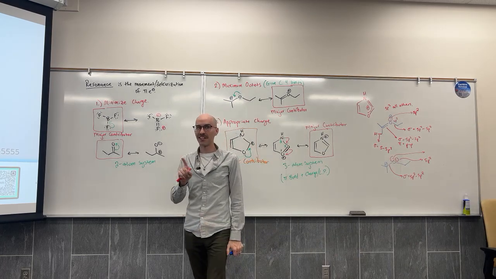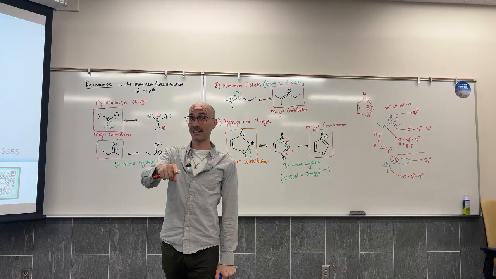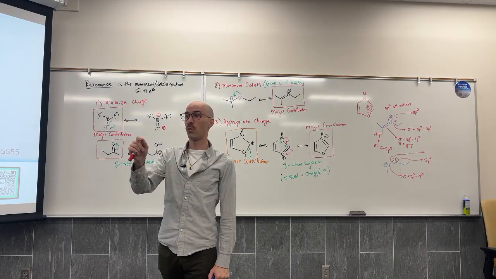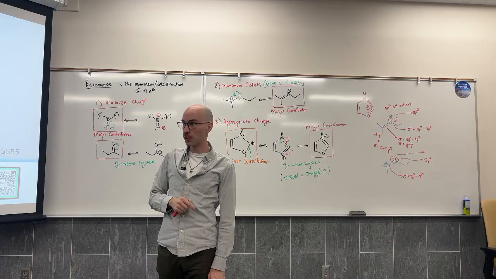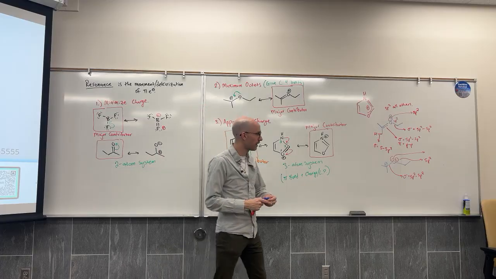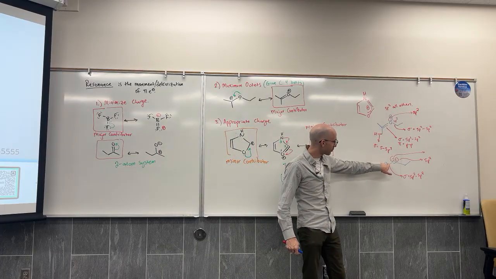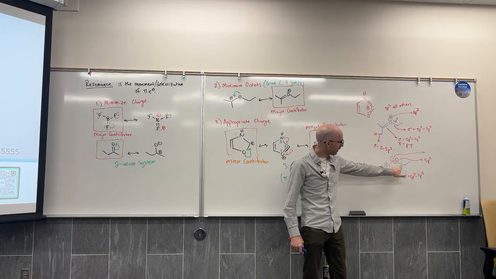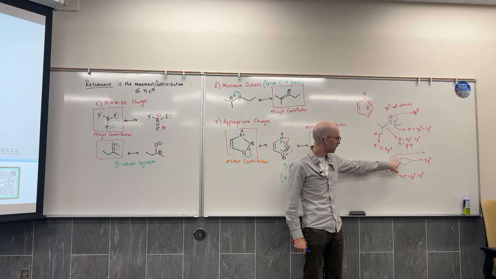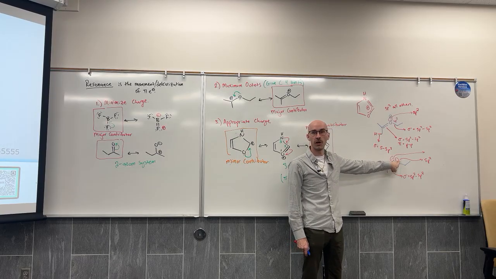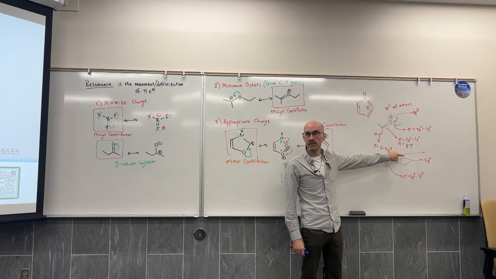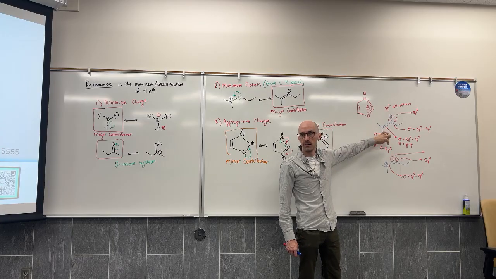So this oxygen, despite looking like it's sp3, we know it's sp2 because of its resonance form. So it has an sp2 orbital to sigma bond, an sp2 orbital to sigma bond, an sp2 orbital to hold the lone pair. What is this lone pair held in?